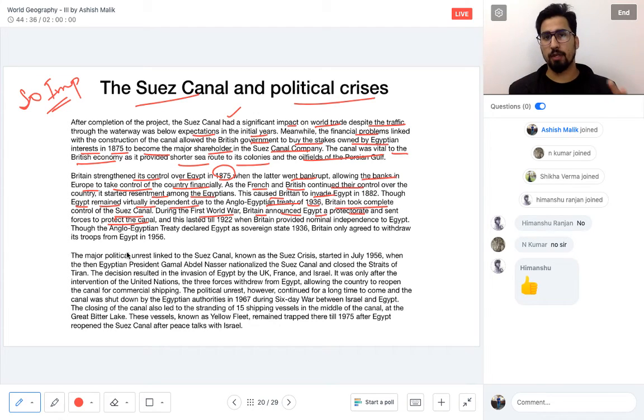So the British announced Egypt as a protectorate, which means if anyone touches Egypt, it will be considered a war against Britain. Protectorate means protected by someone from outside. So the UK announced Egypt as a protectorate and sent forces to protect the Suez Canal.